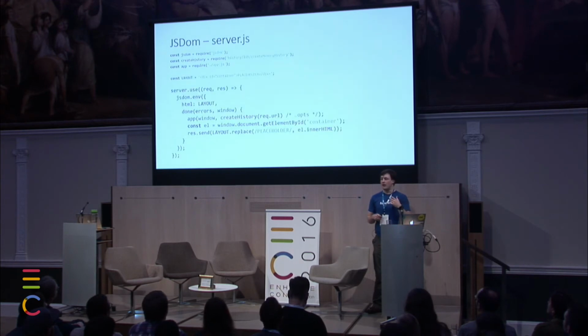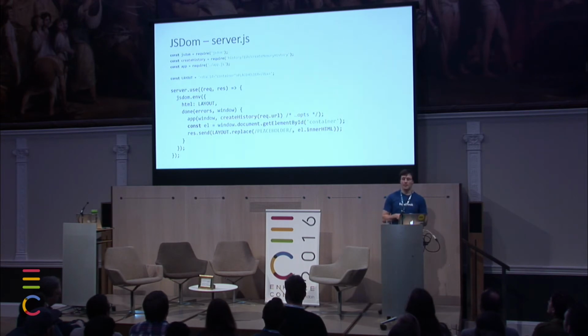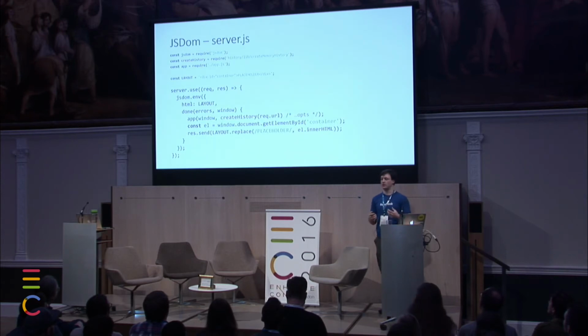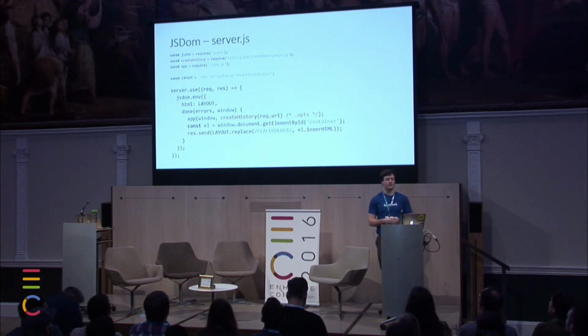And then if we imagine something like an Express.js web server or really any kind of Node web framework, then we're going to get given some request object with information about the request. We've got a function that gets called with that request. And in that function, we can call JSDOM, give it some HTML, and it will create an environment for us, a virtual browser, if you like.